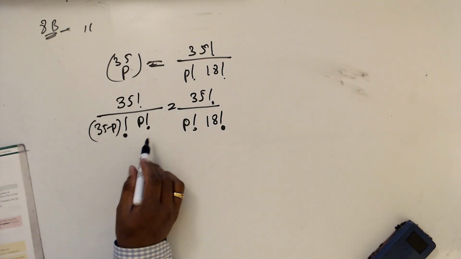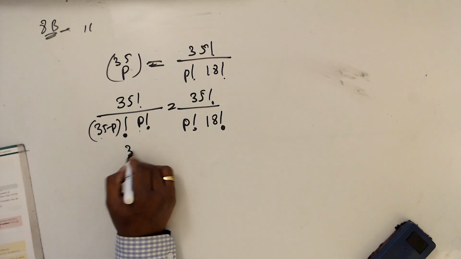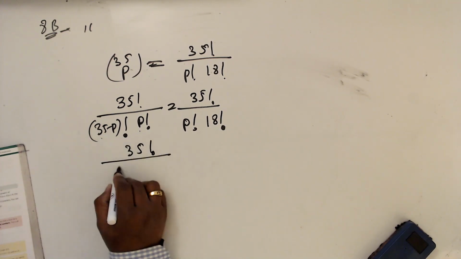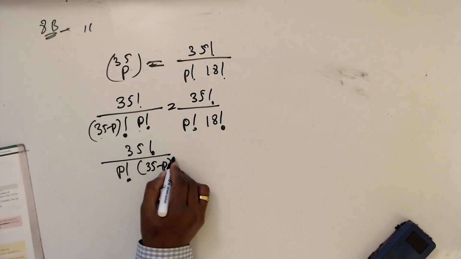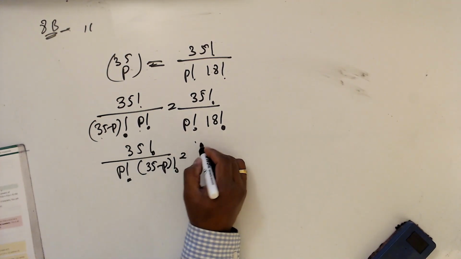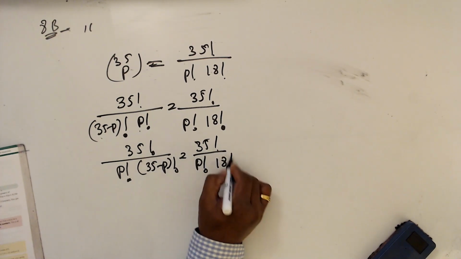I just adjust it because this factorial is on the left side, so then it is easy to understand. Factorial 35 minus p equals factorial 35 over factorial 18.